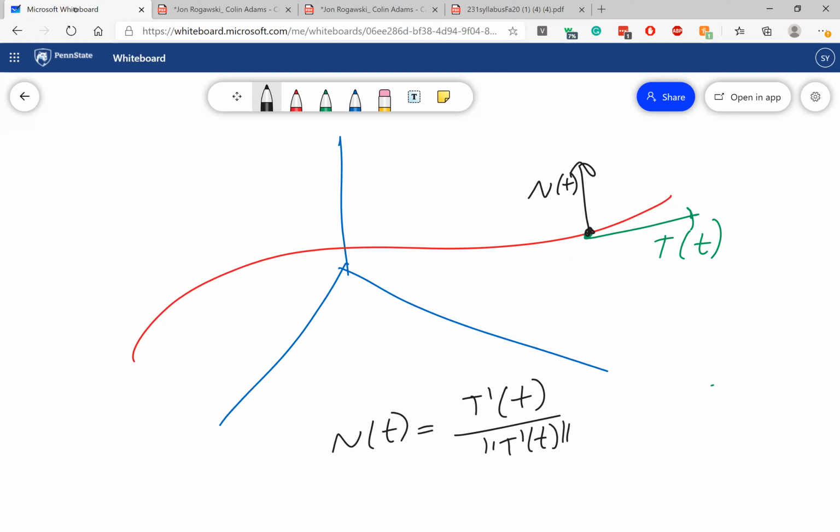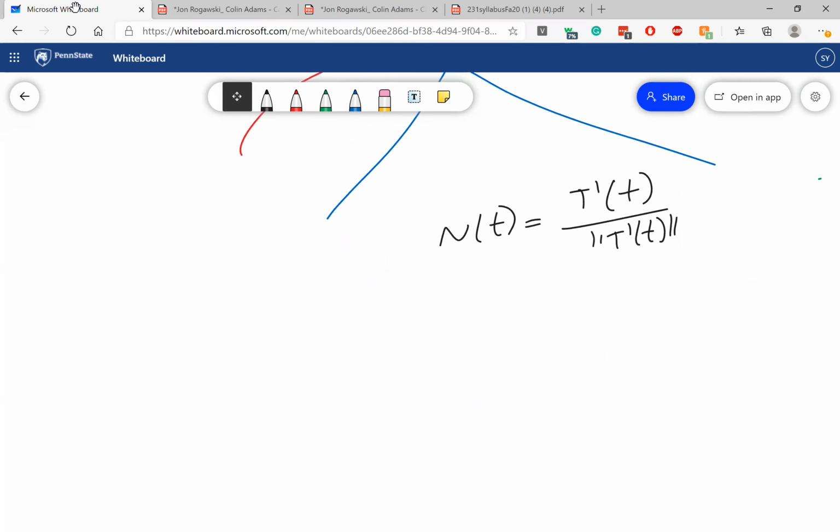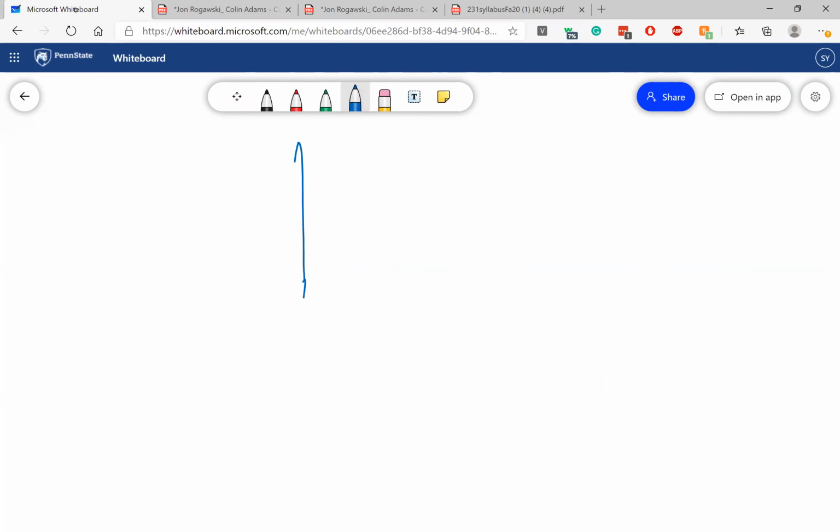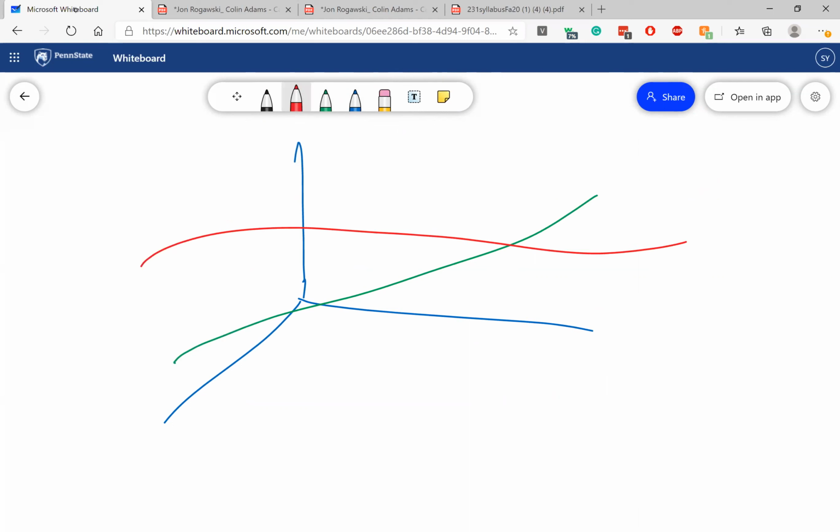So before I continue, I wanted to mention the type of question, at least one question, that might appear on the quiz on Friday. And if you have any more questions about this, just let me know. But let's say you have 2 curves. So here's one curve and here's another curve. And they intersect at some point. So this is a point t is equal to, let's say, 3.